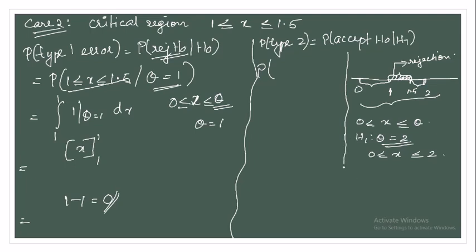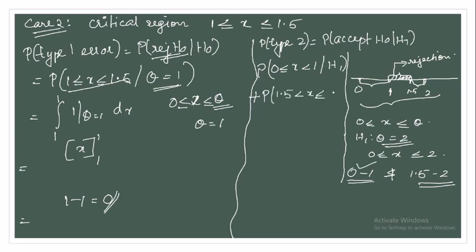So both of these will be your acceptance region. How will you write your acceptance region in terms of probability? Probability of 0 less than or equal to x less than 1 given H1, plus probability of 1.5 less than x less than or equal to 2 given H1.